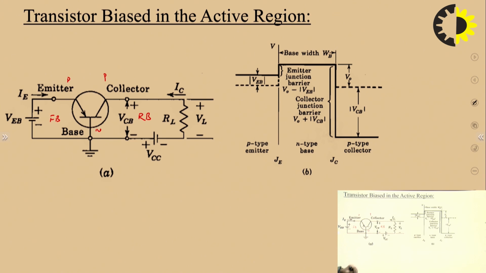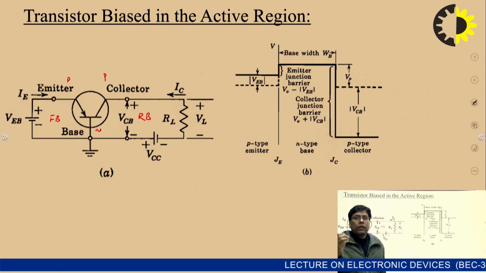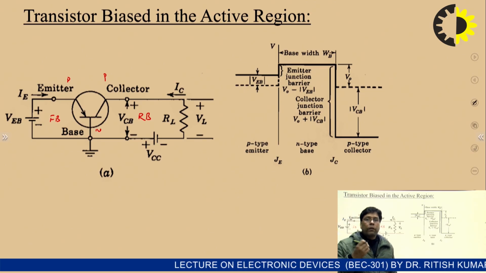So we need to understand what will be the effect on the contact potential if we connect the transistor in this fashion, that is, in the active region. You can see here, this junction is in forward bias, and this junction is in reverse bias. As we already know, in a PN junction, if the junction is connected in forward bias, then the contact potential or contact barrier height will be reduced by the amount of the forward bias voltage.